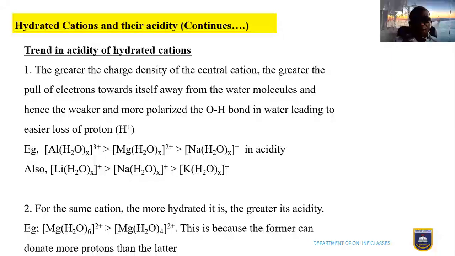So you look out for the one that has the higher number of molecules of water around the cation. That one is a stronger acid because the more water molecules you have around the central atom, the more H plus you have available to release into the solution, the more acidic you are.